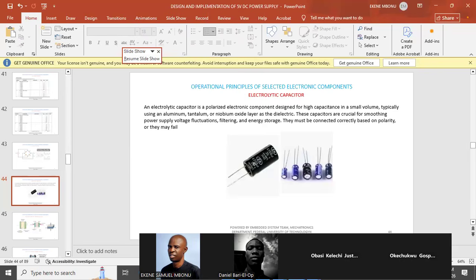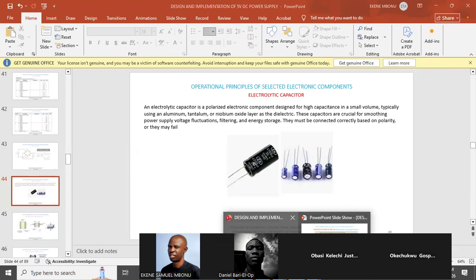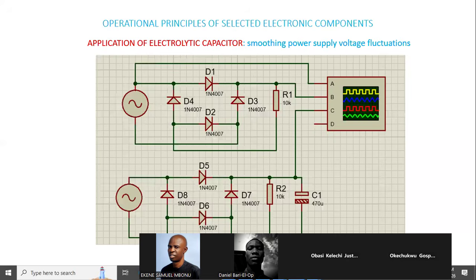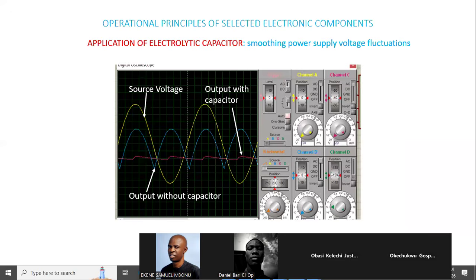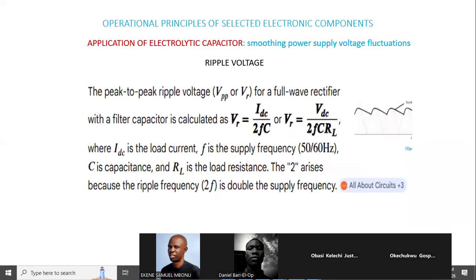So where are we? I think we are here. We move. So this is source voltage, output with capacitor, output without capacitor. This is already explained. Now, here comes the equation for ripple voltage, and ripple voltage is always VDC over 2F multiplied by C times your RL.